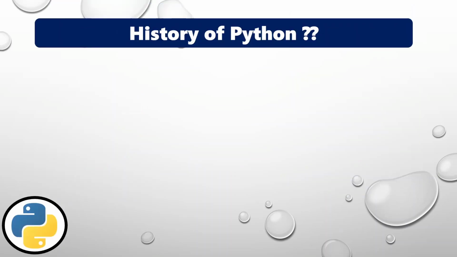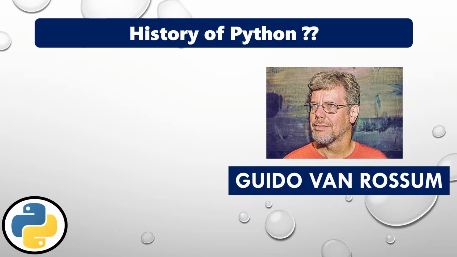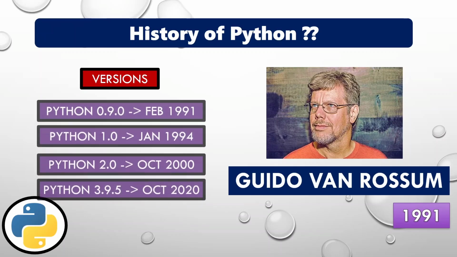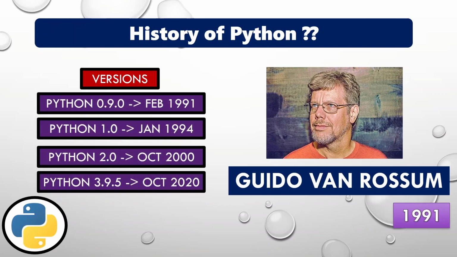Let's see the history of Python. So Python was created and released by Guido van Rossum in the year 1991. Let's look at the versions of Python. So these are the versions. The first version was released in February 1991. The first version was 0.9.0.